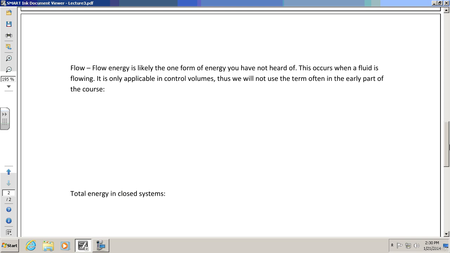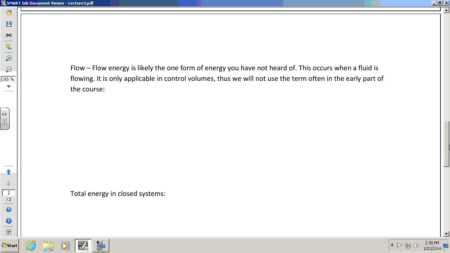Now, most things do behave as control volumes because most things have air, water, fuel, whatever going in, and have air, water, fuel, exhaust, whatever coming out. Things have flow. But what we're going to do for the first month or so is focus on the closed system, so there's no flow. So this is not going to apply for closed systems. This is only for open systems, for control volumes later on. But since we're putting together all the energies, I thought we better put together this one.